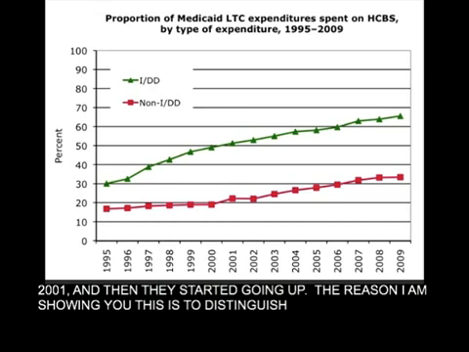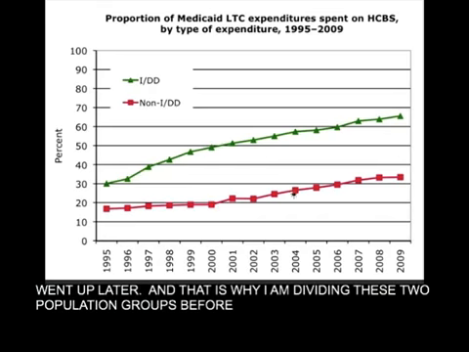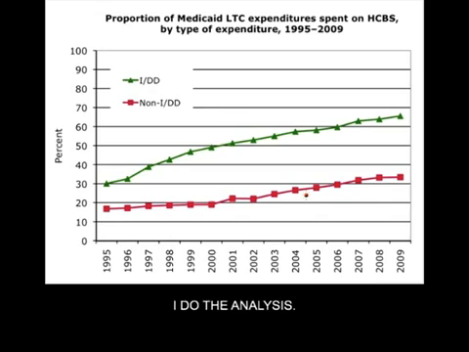So the reason I'm showing you this is to distinguish between the IDD spending, which went up early, and the non-IDD spending, which went up later, and that's why I'm dividing these two population groups before I do the analysis.